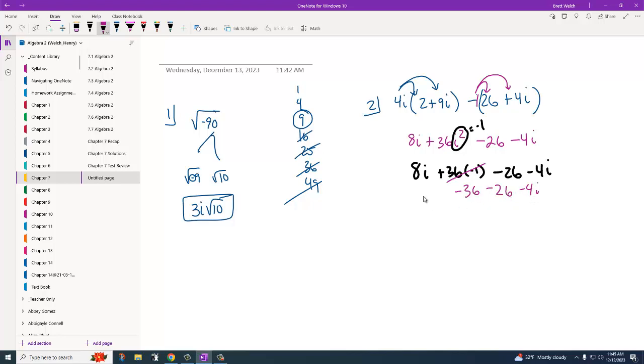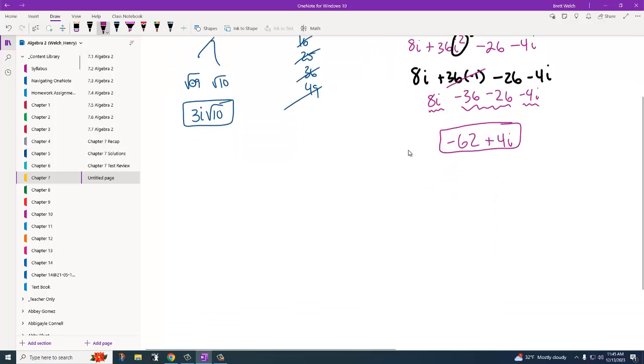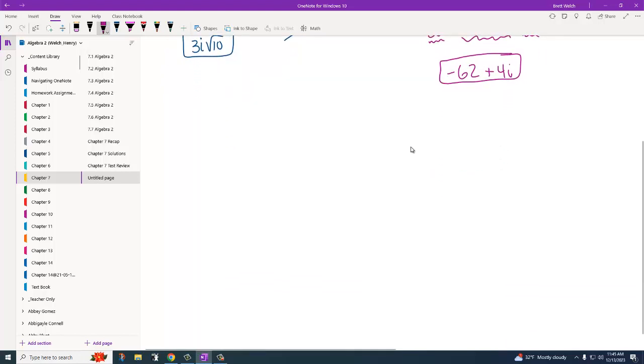And we can now combine our like terms. It's best to put your real numbers first. So negative 36 minus 26 is negative, I believe, 62. You can combine that in the calculator, and then 8i minus 4i would be a positive 4i. And we are done. We're just combining our like terms and simplifying the imaginary values as they come.